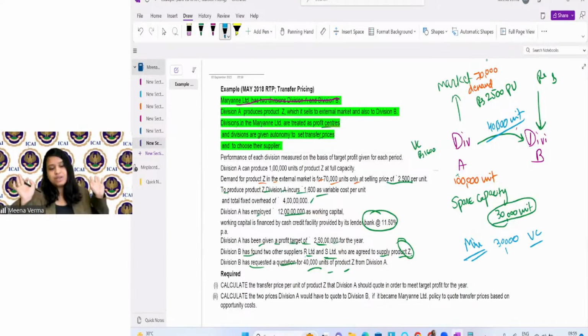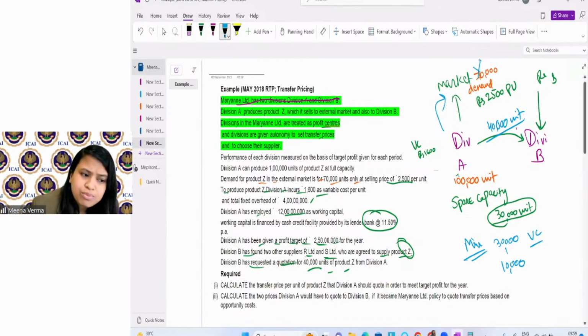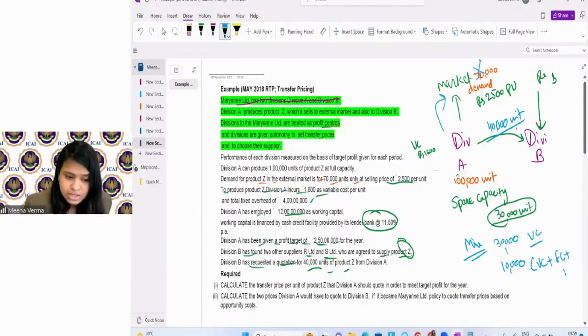This is the minimum expectation. But what about the remaining 10,000 units? For the remaining 10,000 units, we are selling in the market. So we have to interrupt the outside sale, and then we can transfer the goods internally. For the remaining 10,000 units, we want to recover variable cost plus fixed cost plus profitability. We want to recover everything for the remaining 10,000, but for 30,000, variable cost is okay.